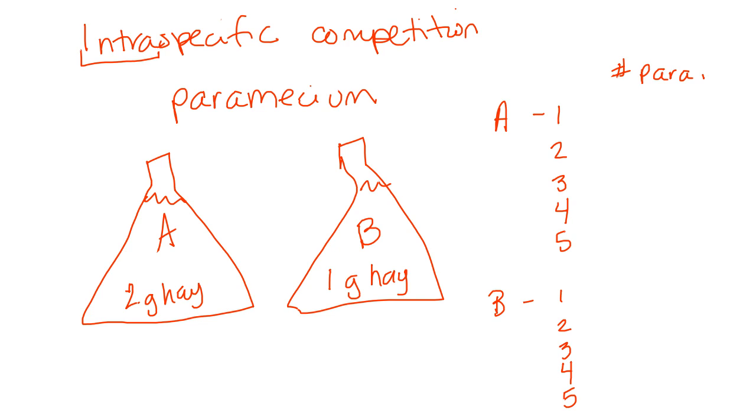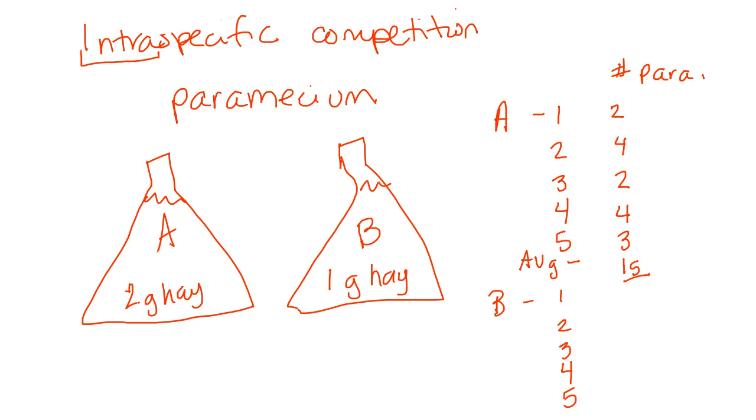So what you do is take your average of counts 1 through 5. I'm just going to do this very easily: 2, 4, 2, 4, 3. If I add those all up, 6 plus 6 is 12, plus 3 is 15.